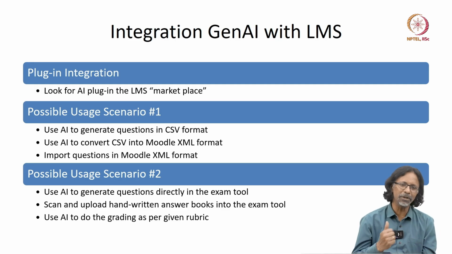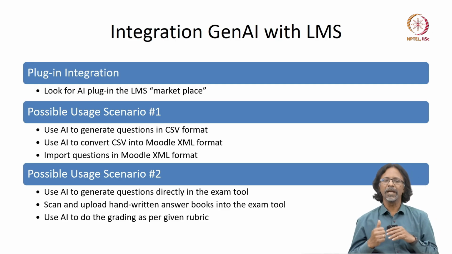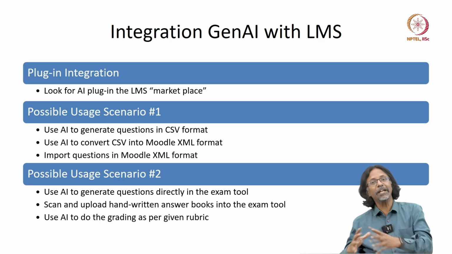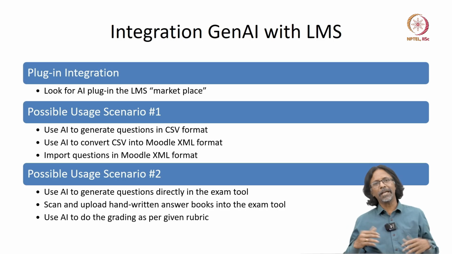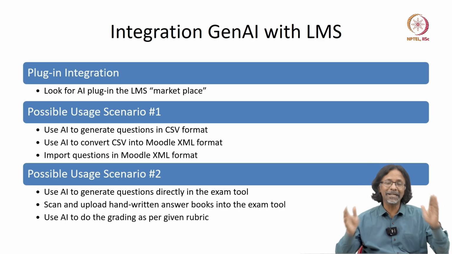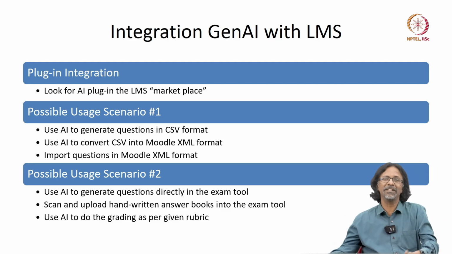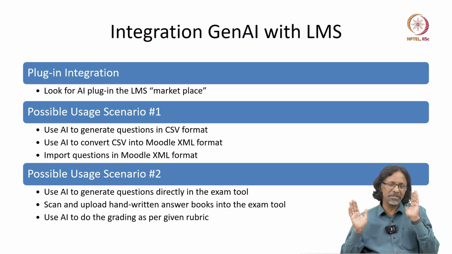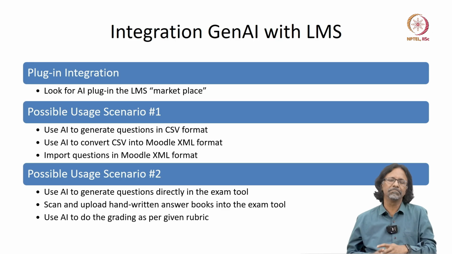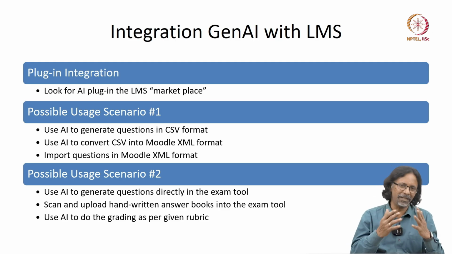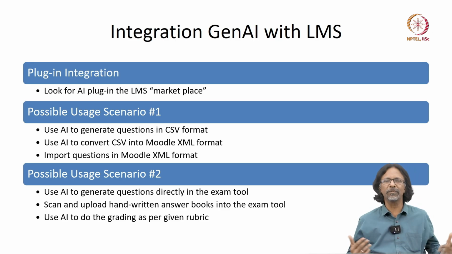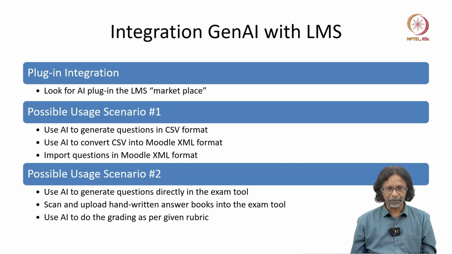Generative AI, which is integrated directly into the tool, can be invoked to complete the grading of all those, assuming 60 answer booklets, and then each one containing say 10 answers, all those 600 answers can be automatically evaluated.